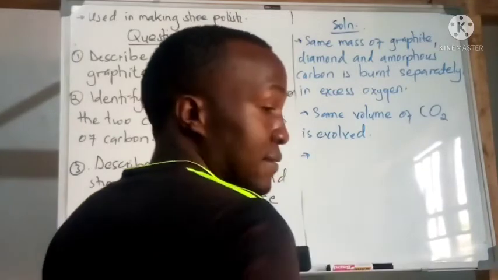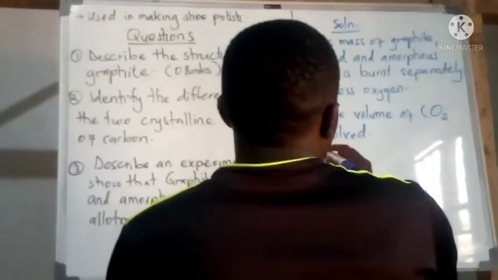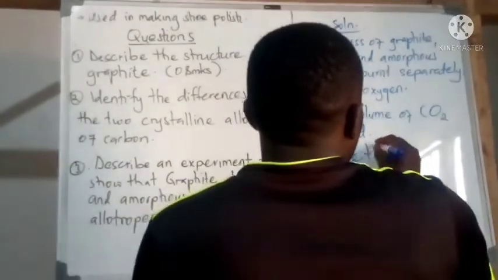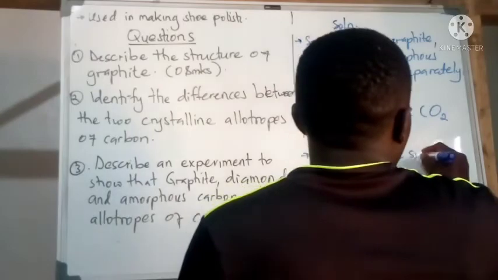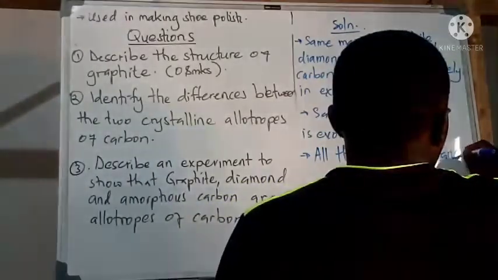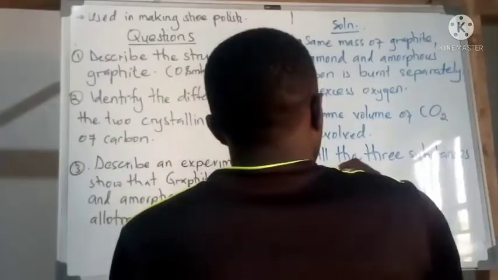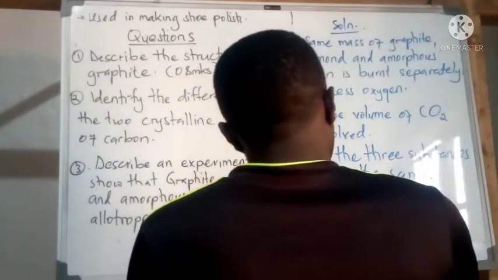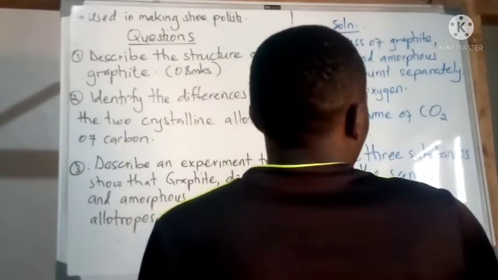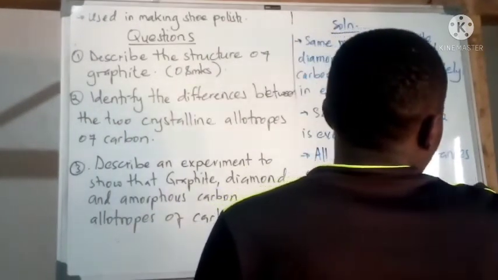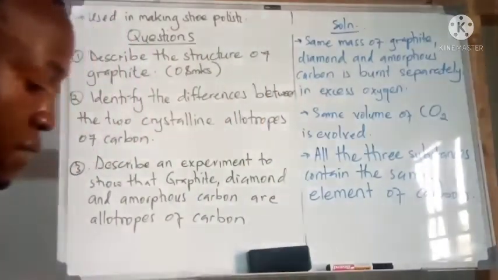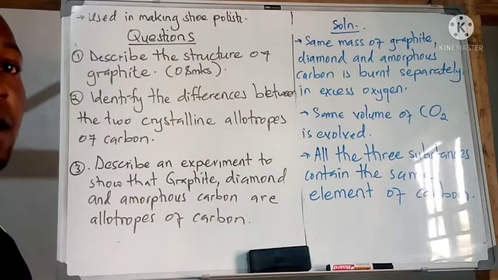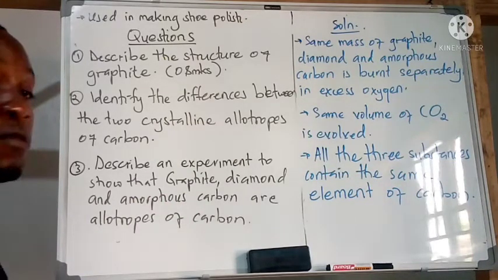And if that is so, you conclude by saying all the three substances contain the same element, carbon, and that shows us that graphite, diamond, and amorphous carbon are all allotropes of carbon.